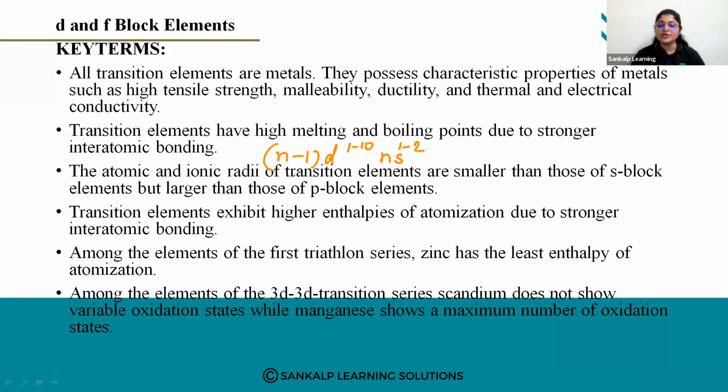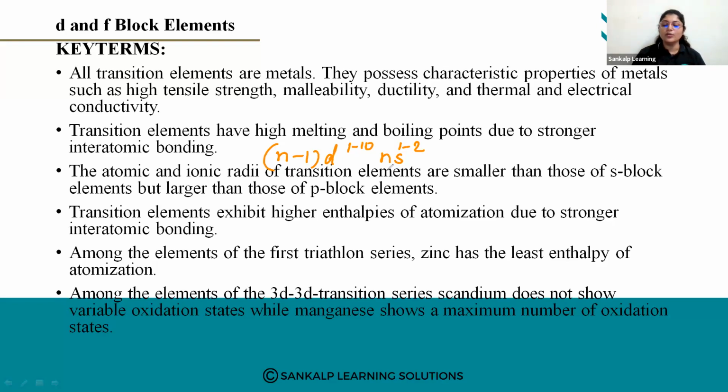So which are the 4 series? In D block elements, there are 4 series, namely 3d series, then 4d series, then 5d series and 6d series. These are the different series in D block elements.